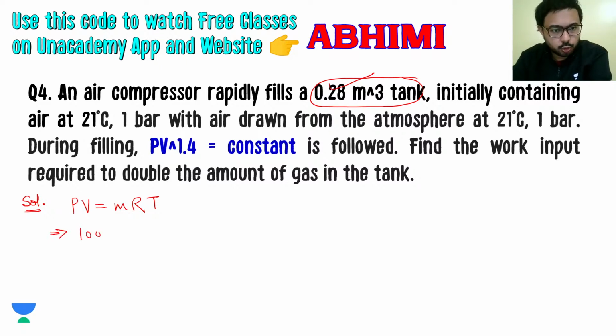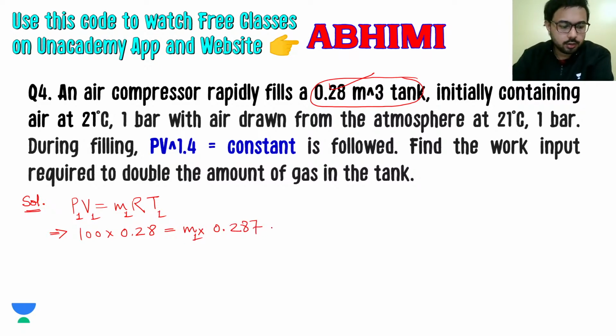Pressure is 100 kilopascal, volume is 0.28 meter cube, M we have to calculate, and R is 0.287 since this is air, and we also have temperature, which is 294 Kelvin.